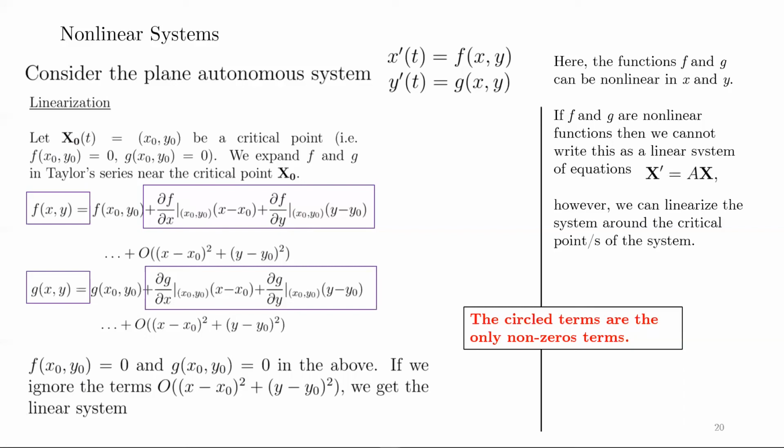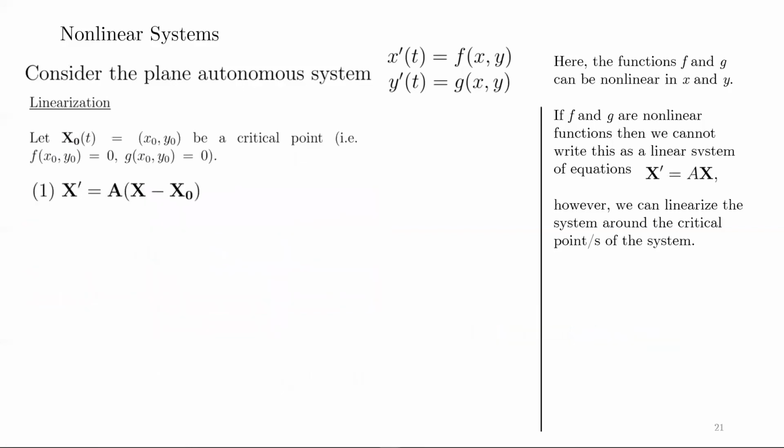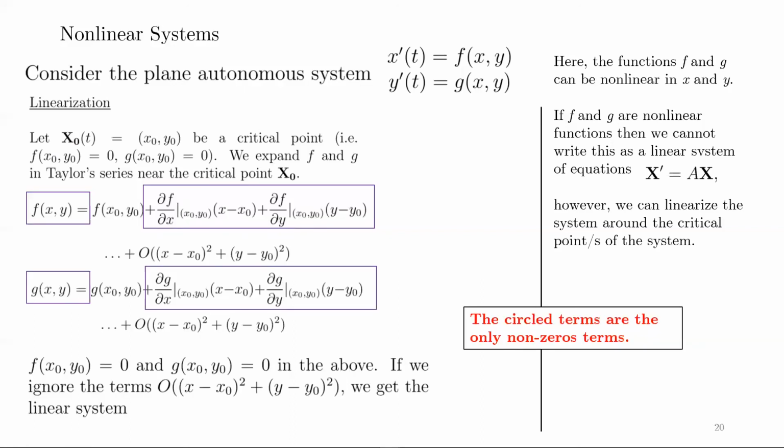So now we can write this as a linear system. We can write x prime, which is still the left-hand side of this system here, is equal to A times the vector x minus x naught, y minus y naught.